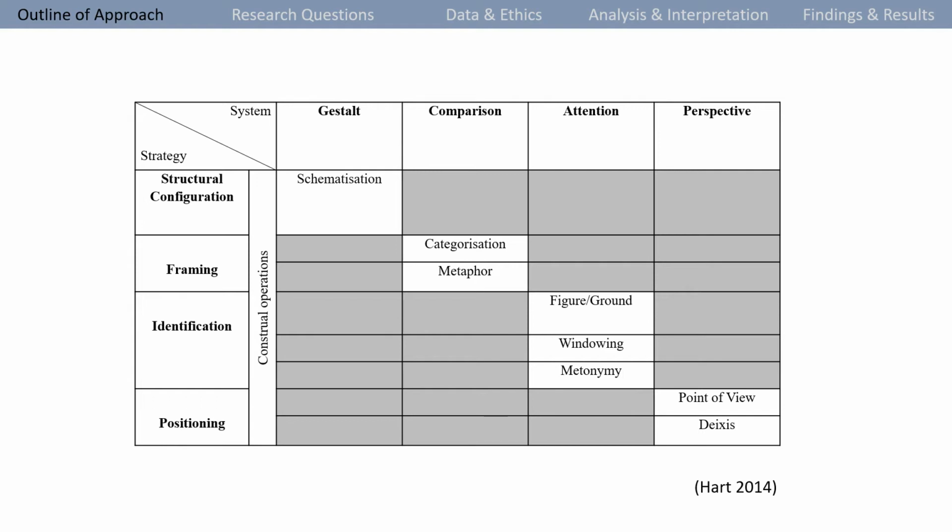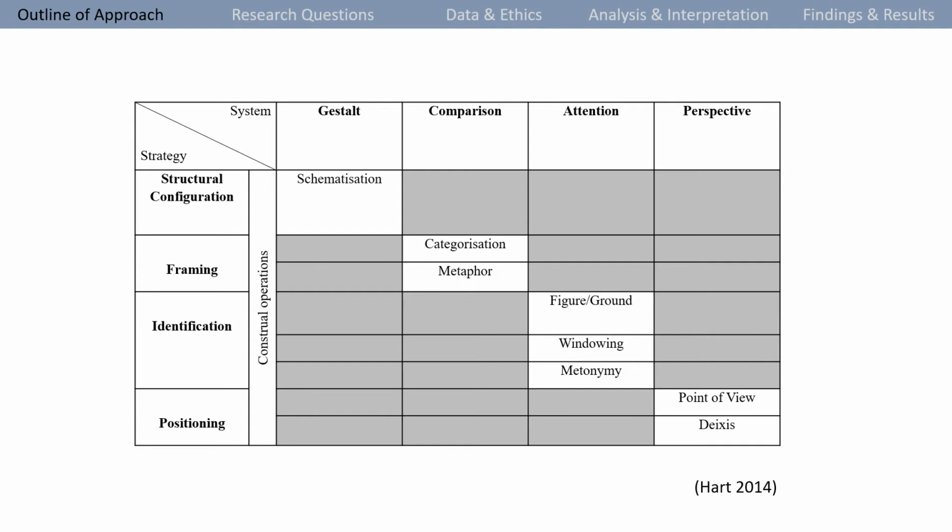These discursive strategies are laid out in the table that you see, on the one hand in relation to the ideological discursive strategies which they realize in structural configuration, framing, identification and positioning, and on the other hand in relation to the cognitive systems and processes on which they rely, including Gestalt principles of perception, our ability to compare different aspects of experience, our ability to direct attention in different ways, and our ability to assume alternative perspectives on any scene.